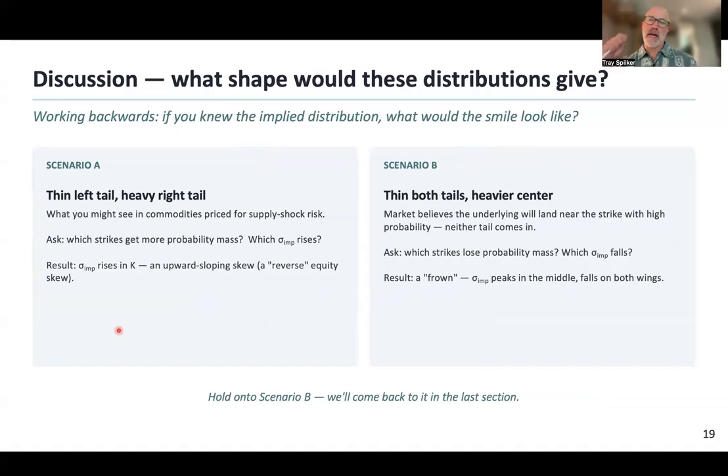Now let's pause here a second and think about this. So the mental model here is that we have two scenarios. Let me back up.